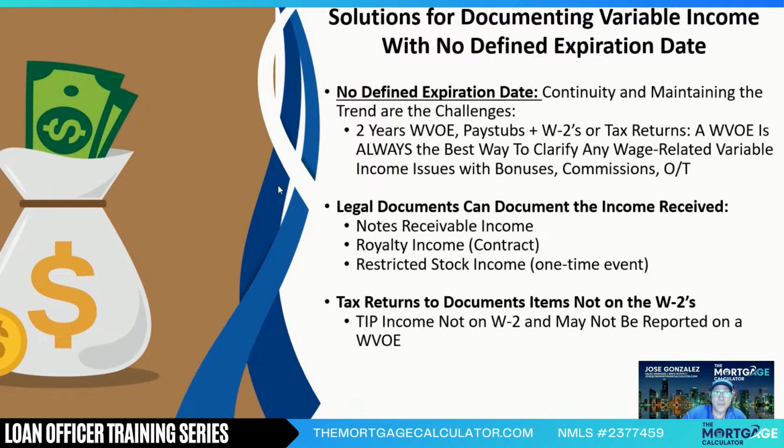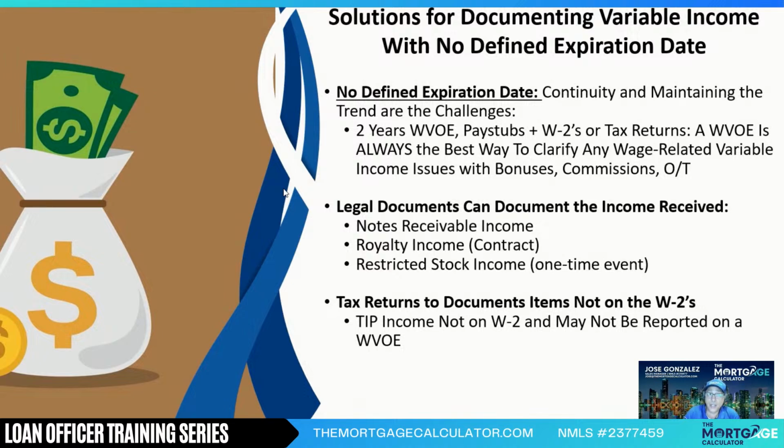The other items that are without a defined expiration date, like notes receivable income, interest income, or royalty income, or restricted stock income, can all be documented with the legal document that pertains to the income. So for the interest income, you're going to have a note, right?